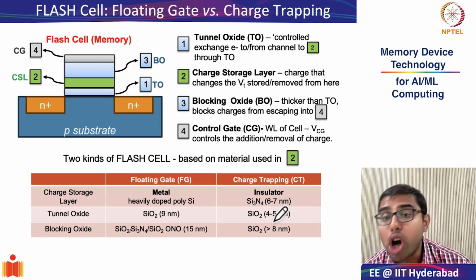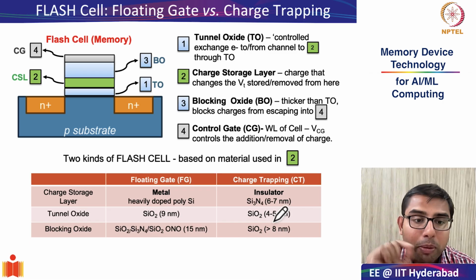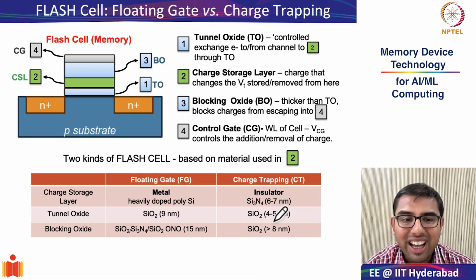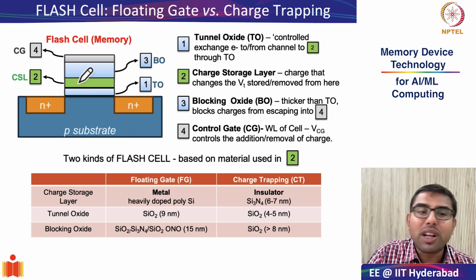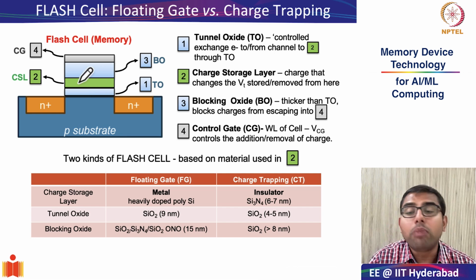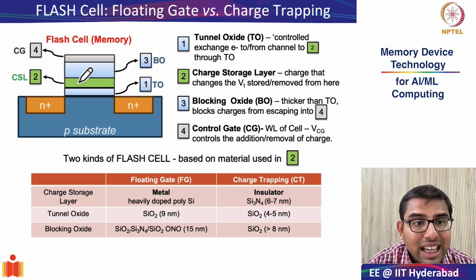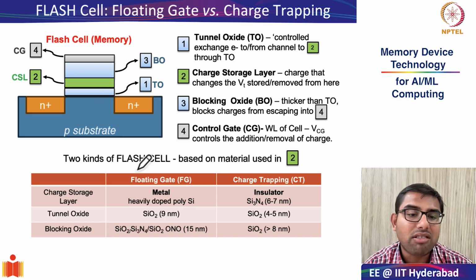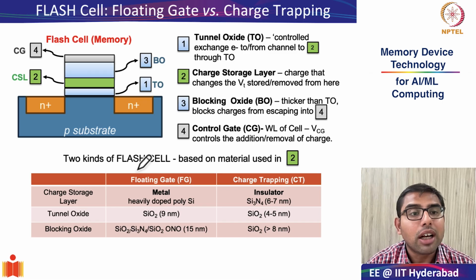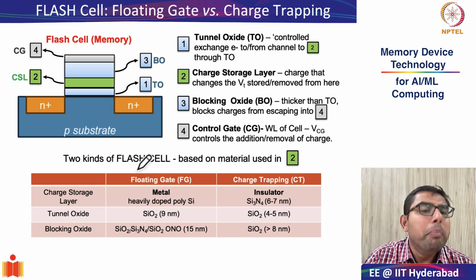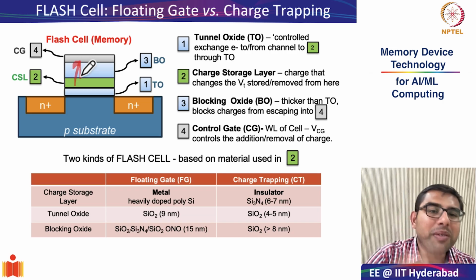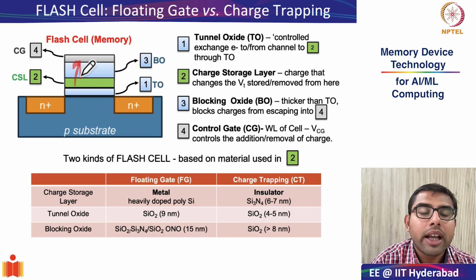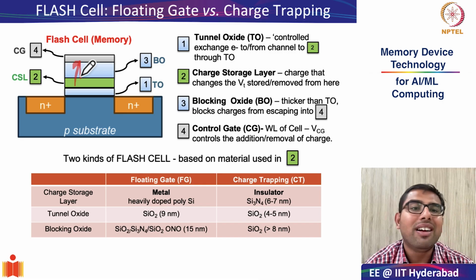Remember, the job of the blocking oxide was to ensure that there is no escape of the charges which are trapped in the charge storage layer from the control gate. So, since in the previous generation of floating gate transistor, the charge storage layer was essentially metallic or heavily doped polysilicon, there was a chance that there could be some migration of charges into the control gate through the blocking oxide.